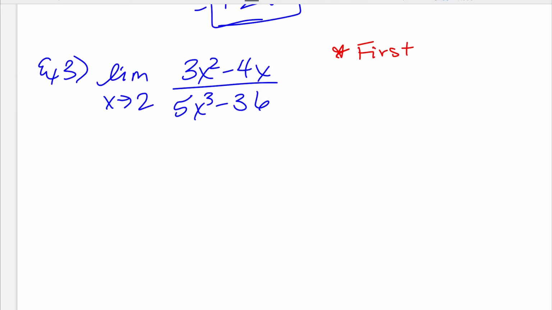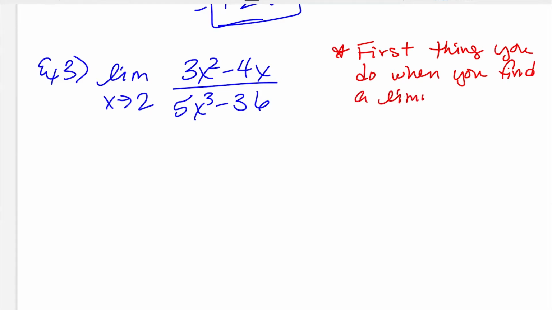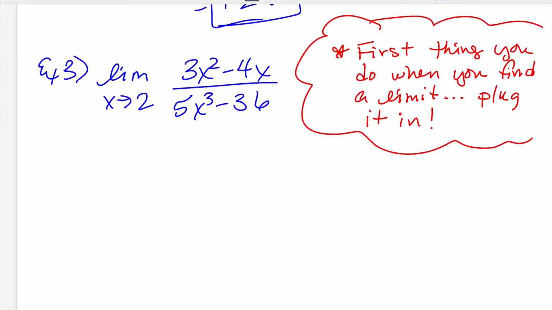The first thing you do when you find a limit, plug it in. That's it. When you find a limit, I want to take the limit as x approaches 2. We'll plug that 2 in. Because this is really f of x, g of x, h of x, whatever of x, right?